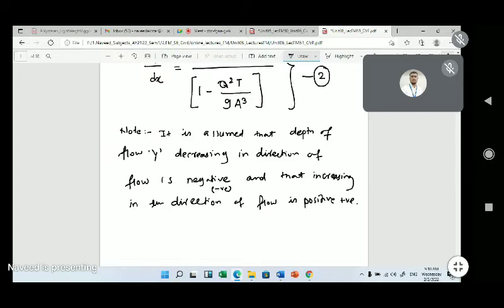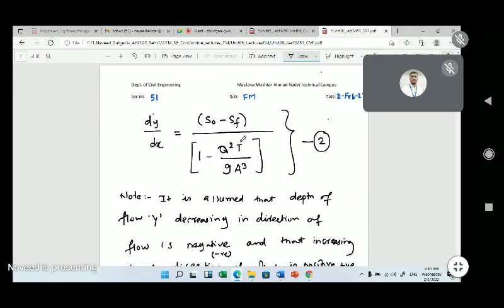Okay, so this is the dynamic equation for the non-prismatic channel that we derived yesterday.